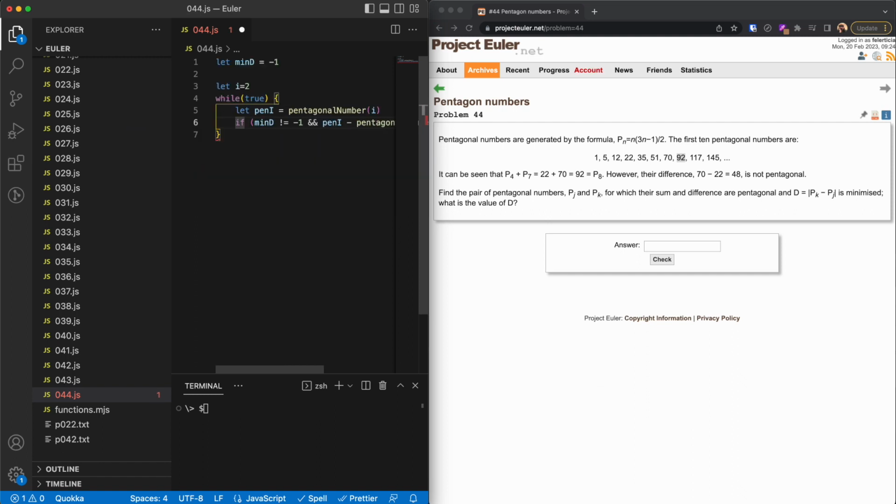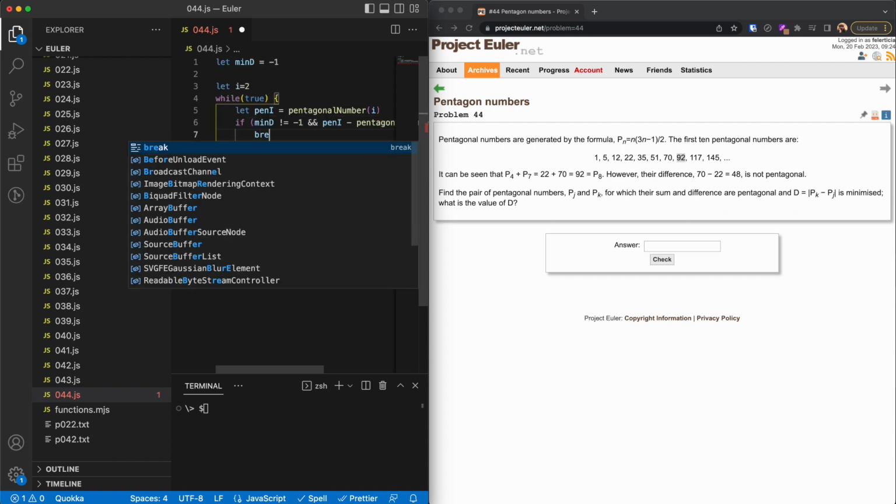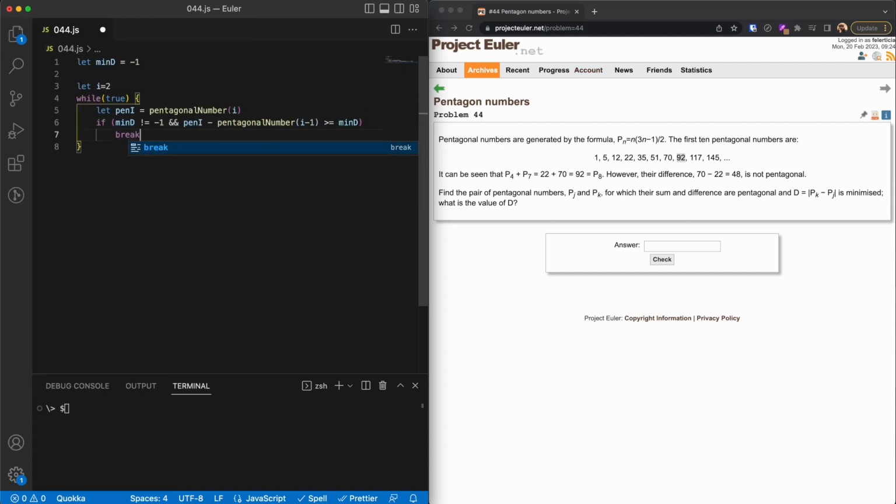If this has happened, we will just break. So again, if the next number down, going downwards, is at least as big as what we found, we are done with the search, we will break.